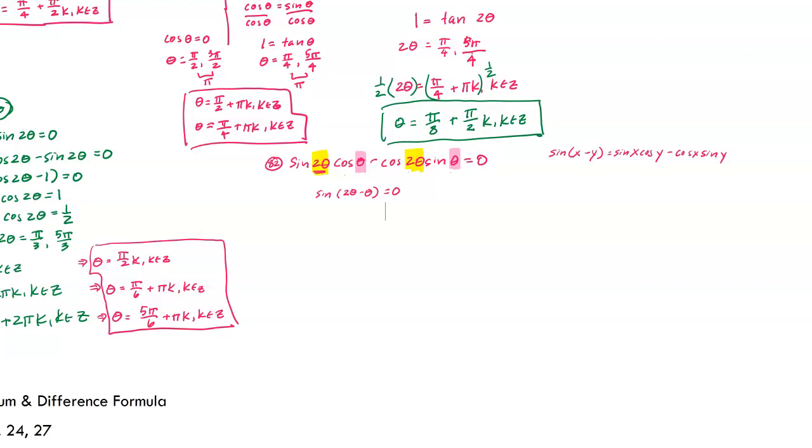And then that just becomes sine of theta equals 0. So I figure out where my thetas are, and that's going to be 0 and pi with the pi distance away. So I could say pi k, k is an element of all integers. Okay, good job, guys. Oh, this wrap-up video is going to be long.